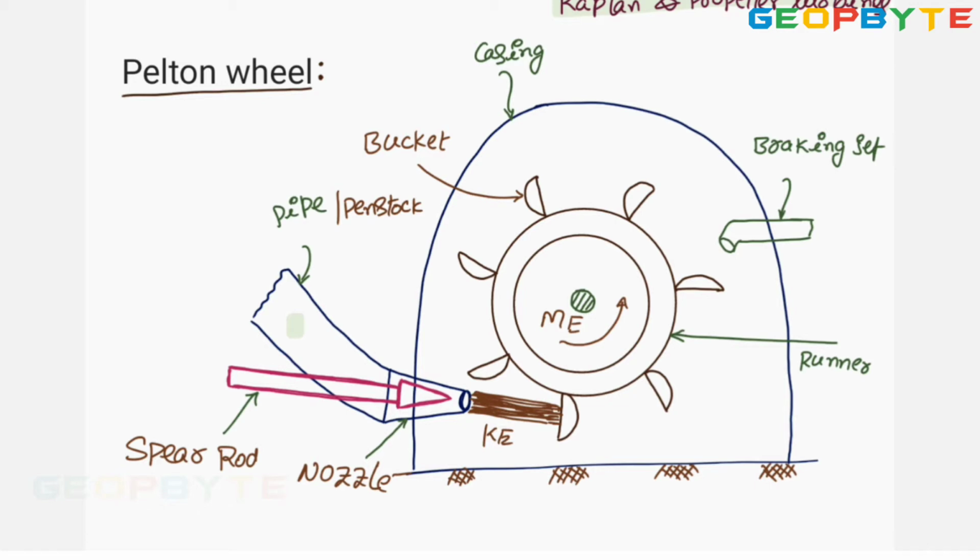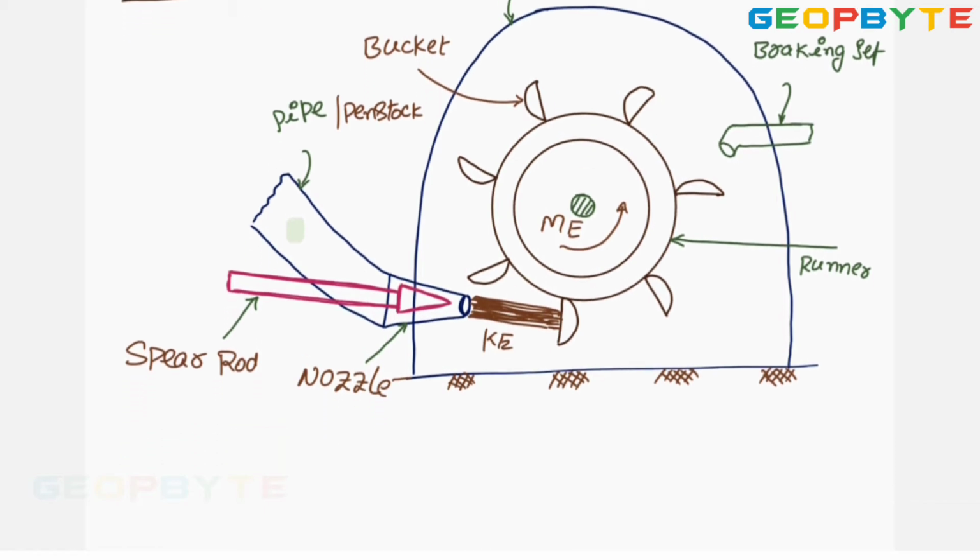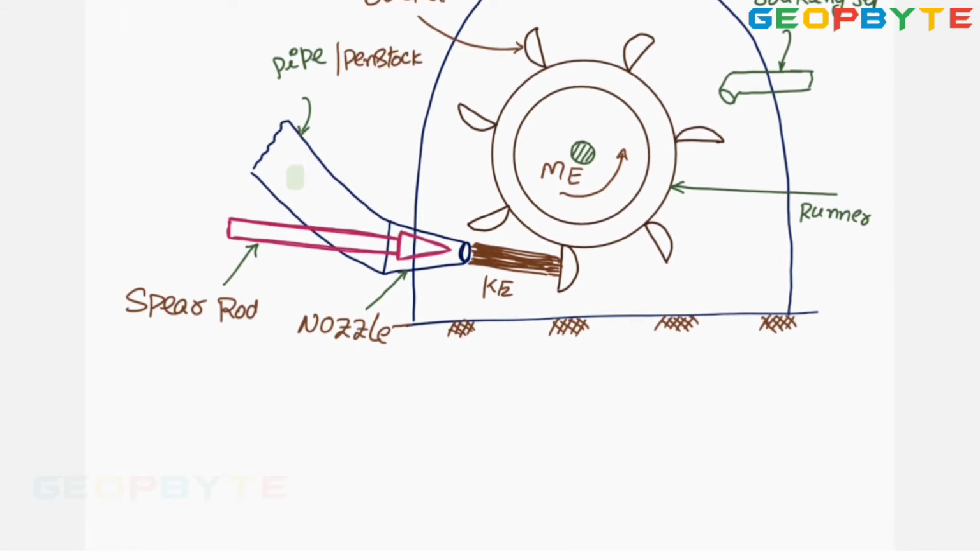Anyhow, while the water is flowing through the nozzle, kinetic energy increases. With that high velocity, the jet is entering the blade to push it away. Because of the jet force, the rotor is rotating, thereby we are getting mechanical energy. After expansion of the water over the turbine blades, it is left to the exit.